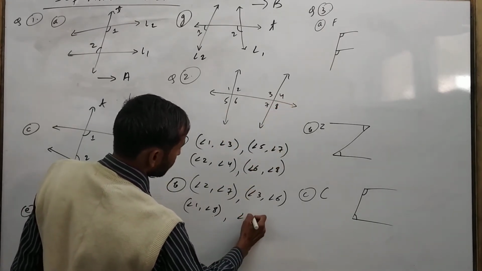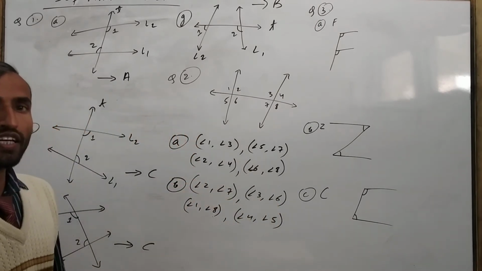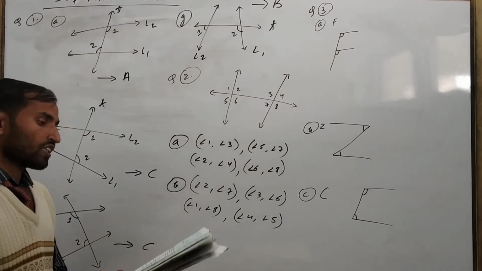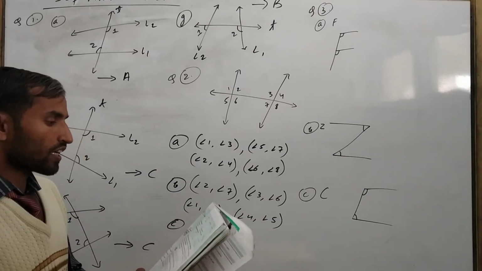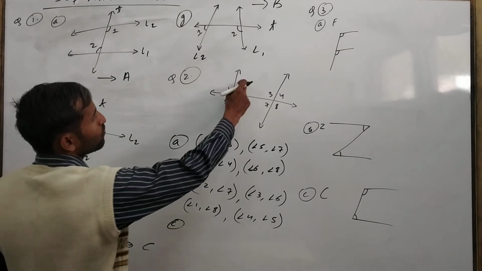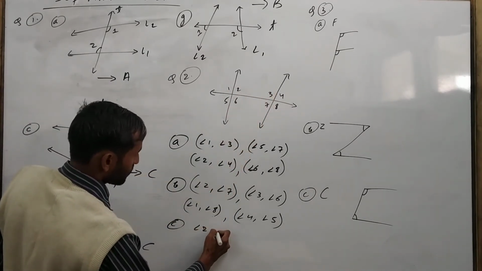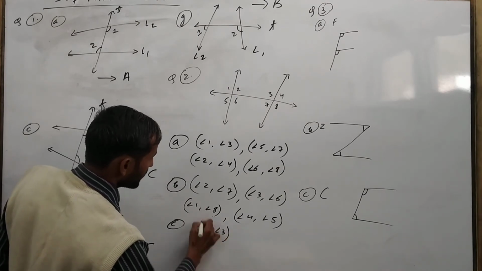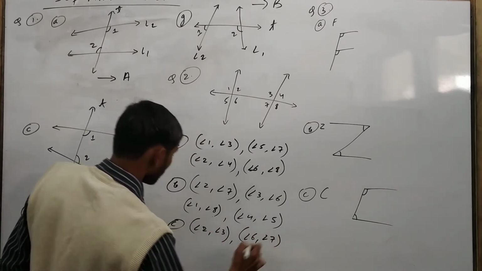Angle 4, angle 5 are alternative angles. So these are the pairs of alternative angles. Next C, co-interior angles. Co-interior will be 2 comma 3 and 6 comma 7. Only two pairs will become. So angle 2, angle 3 are co-interior angles. Angle 6, angle 7 are co-interior angles.